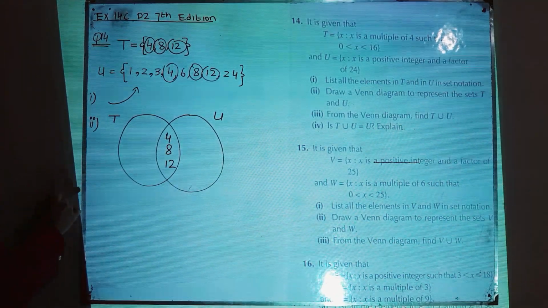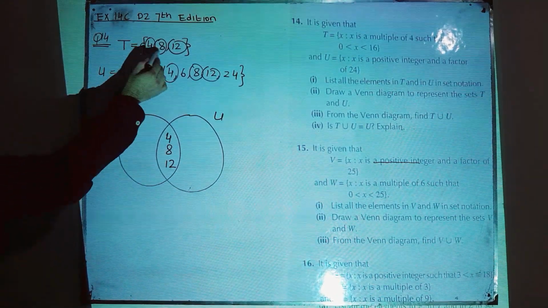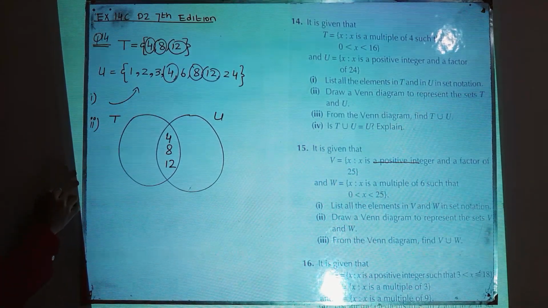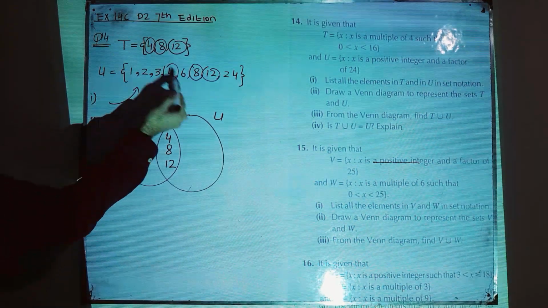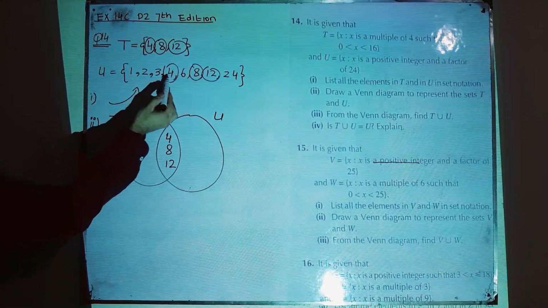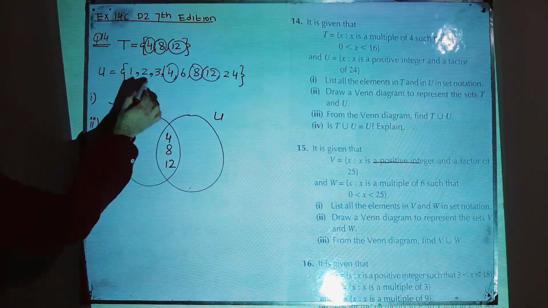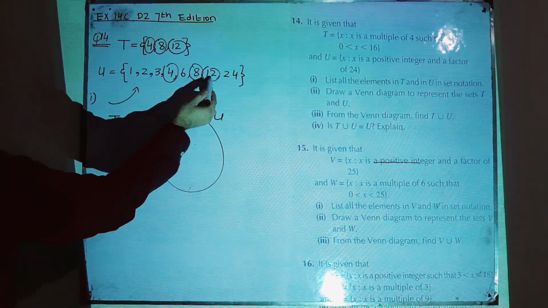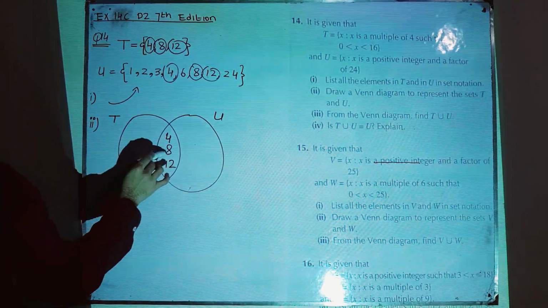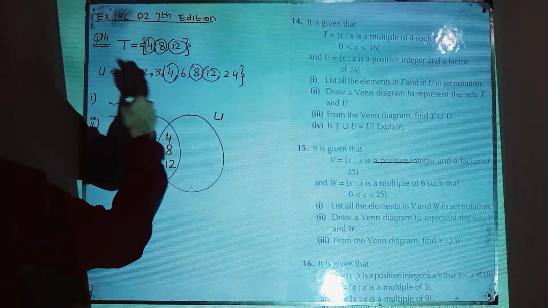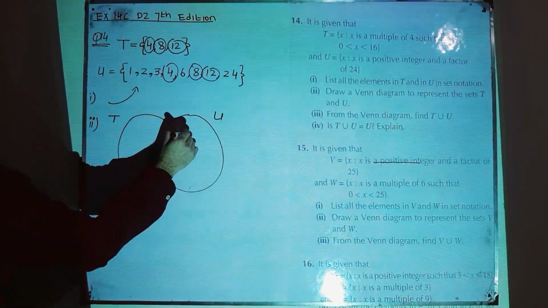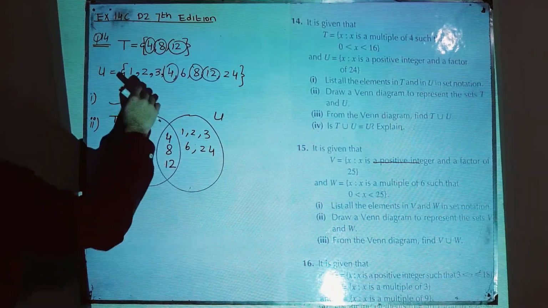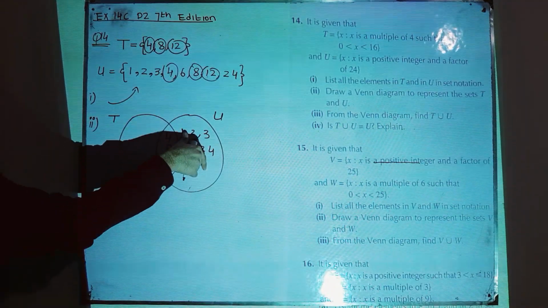Now the rest of the elements, if you have anything left in T, you are going to write it over here, but we don't have anything left in T, so you need to write the elements other than 4, 8, 12 in this part for U, meaning the elements which are in U other than 4, 8 and 12, because these 3 are written in this overlapping section that belongs both to T and to U. So these elements 1, 2, 3, 6 and 24 will be written in this section.